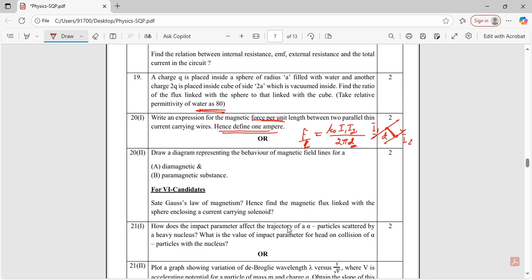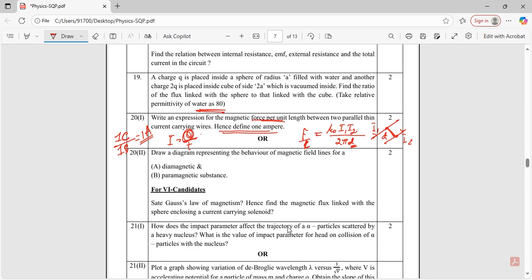Now, defining 1 ampere is very easy. Current I is equal to Q by T, and the SI unit of charge is the coulomb.